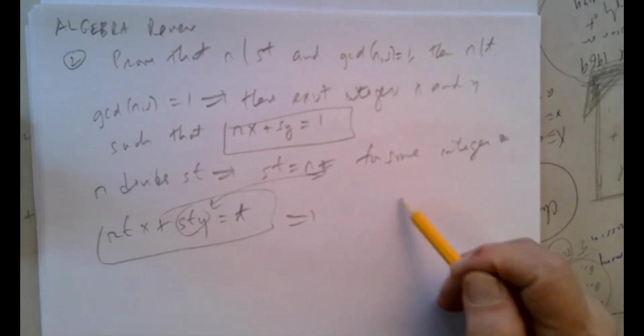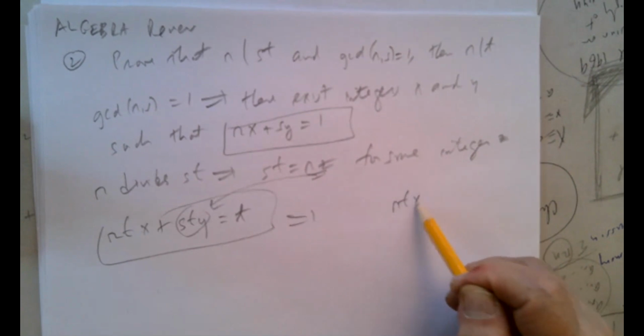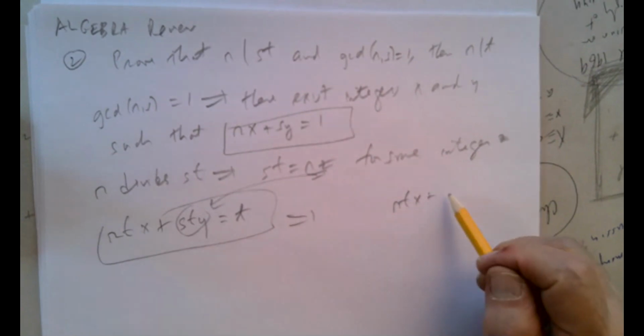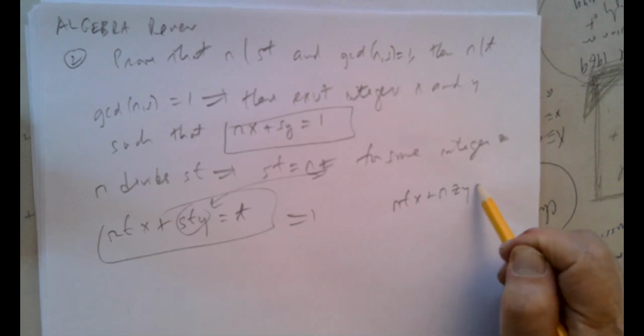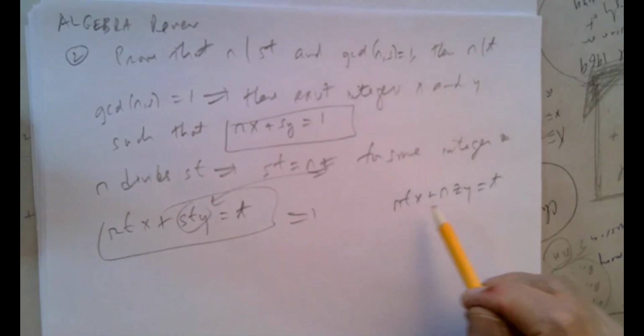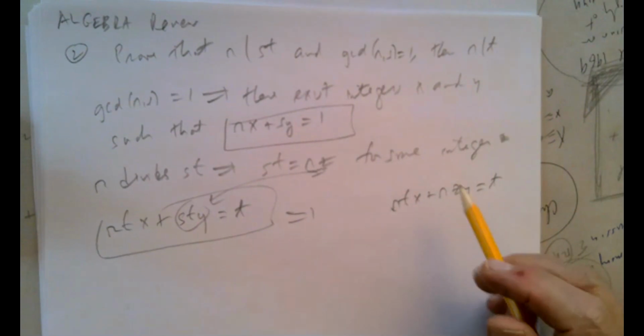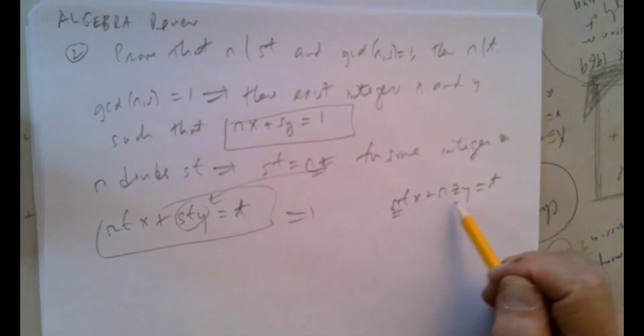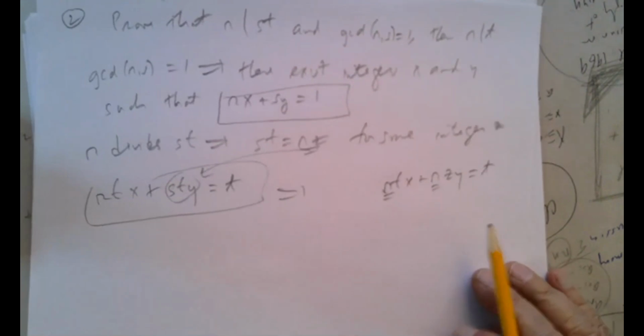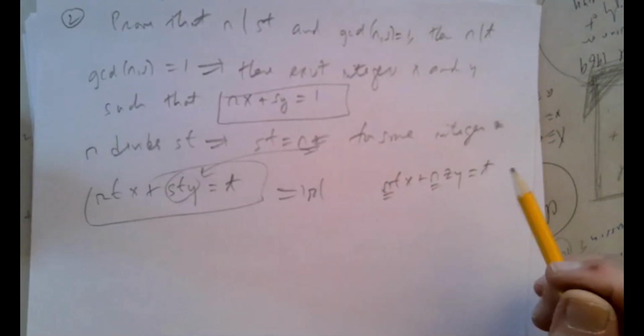So RTX plus RZY equals T. And from this, I can factor out an R. This is R times (TX plus ZY).